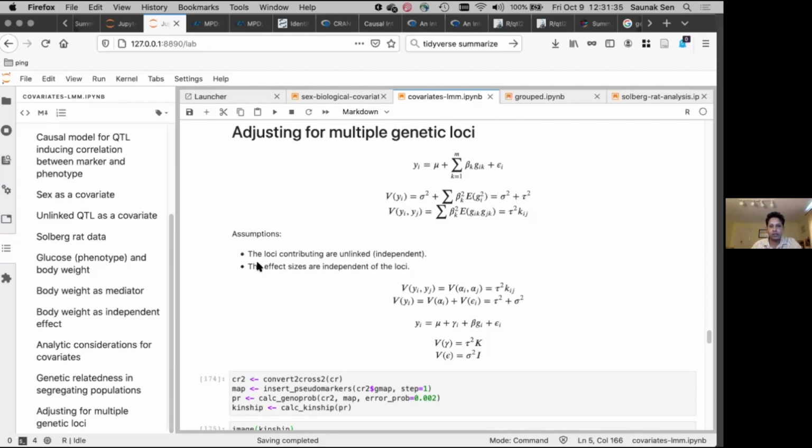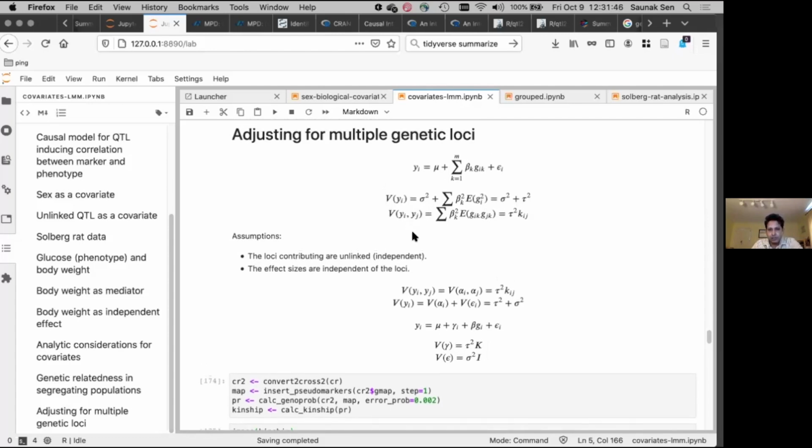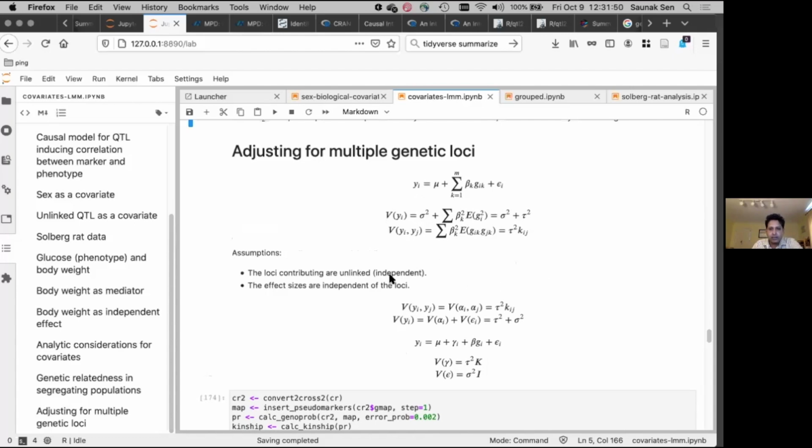If the loci are all unlinked or independent, then you can add this up like that. The covariance between any two individuals, using a similar argument, is that because they will no longer share the random error term, they will only share the genetic effects. It will be the sum of the squares of the coefficients times the covariance between the genotypes of the two individuals.